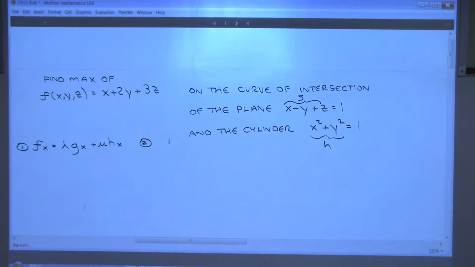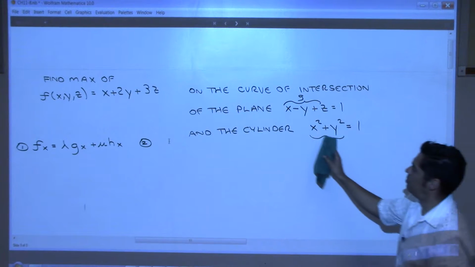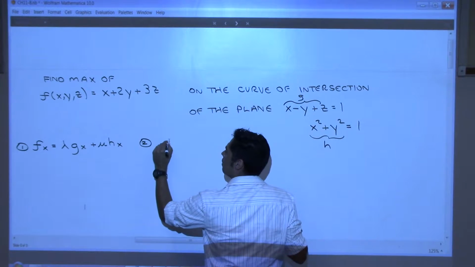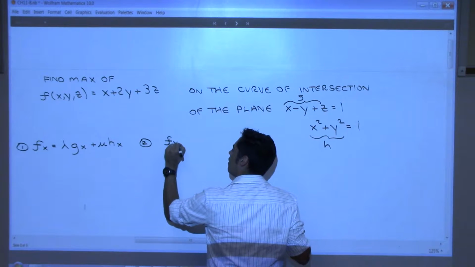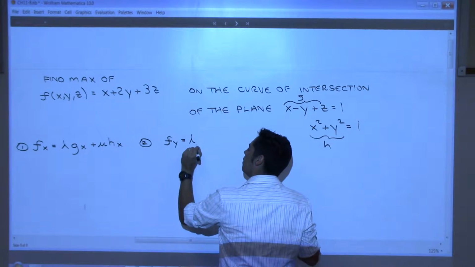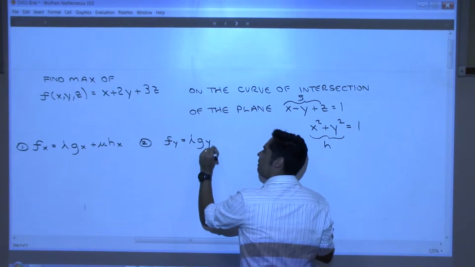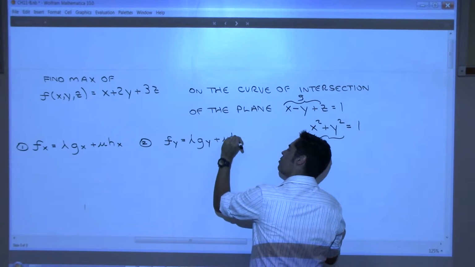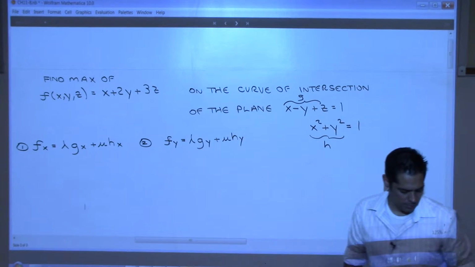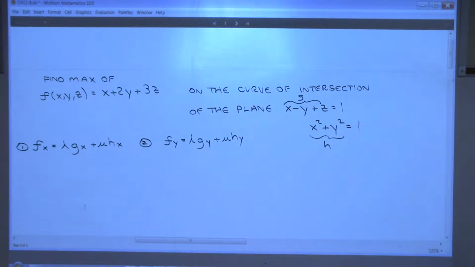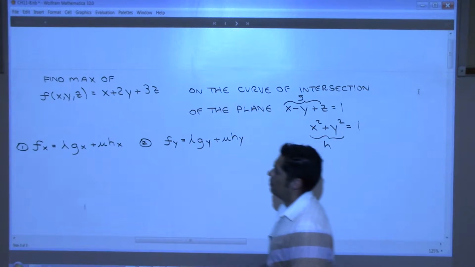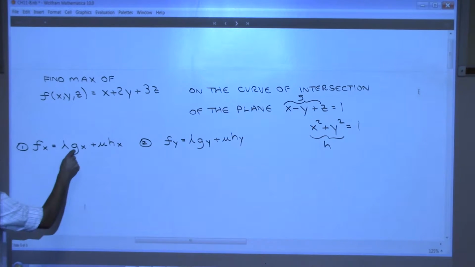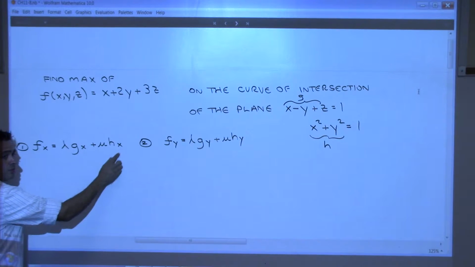Partial of f with respect to y equals lambda partial g with respect to y plus mu partial h with respect to y. The third equation, yes? Is lambda multiplied across for g of x and h? Nope, it's just lambda times the g. That's it. And this is just mu times the h.